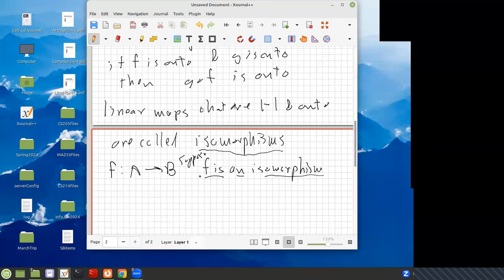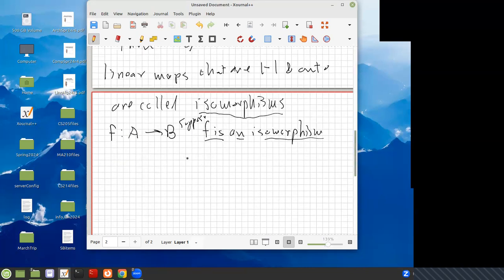That's what we mean by saying A and B are isomorphic. If they're isomorphic, there is an isomorphism. So suppose F is an isomorphism between A and B. That means it's a linear map, and it's one-to-one and onto. Then the claim is that the dimension of A equals the dimension of B. They have the same dimension.